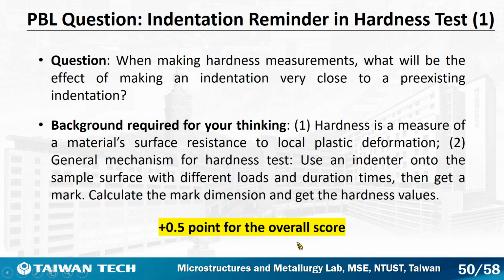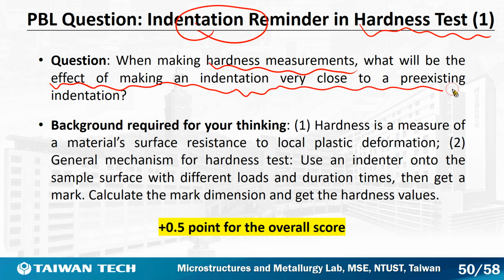Okay, and now let's have this PBL question time. First, this is about an indentation reminder in hardness test. The question is, when we make a hardness measurement, for example, like Vickers microhardness or Rockwell, what will be the effect of making an indentation very close to a pre-existing one?